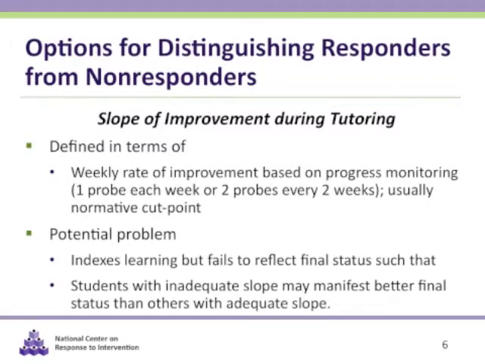And we usually have an assessment method, a progress monitoring method, that gives us a normative cut point that tells us what an adequate rate of improvement is for that measure. Now, in this situation, we have a good index of learning, but it doesn't tell us any information about whether the student's final post-tutoring status is adequate. And some students with poor slope may, in fact, show good final status.